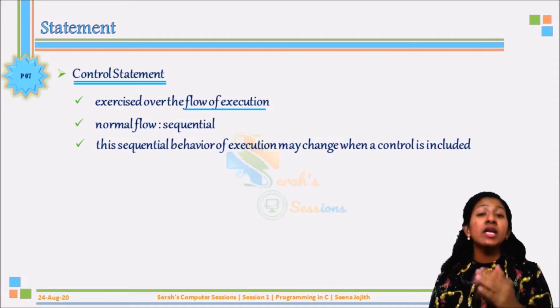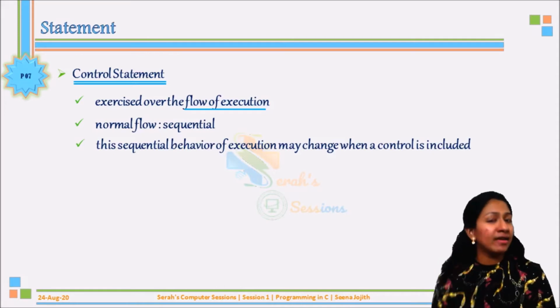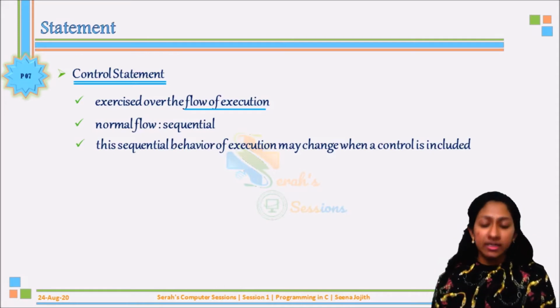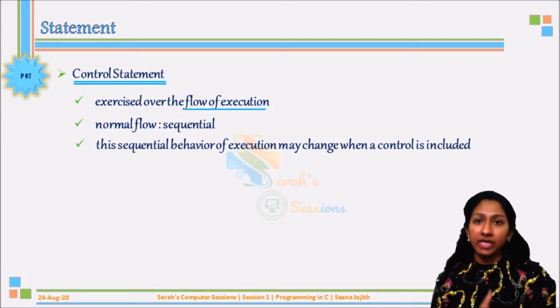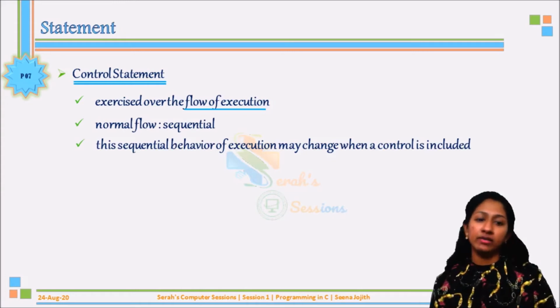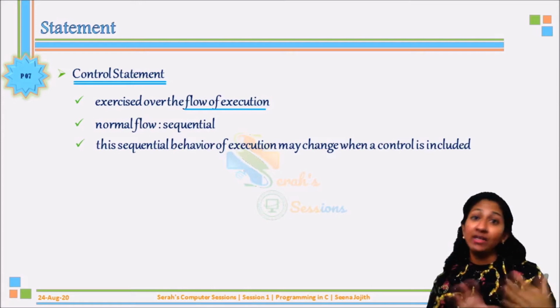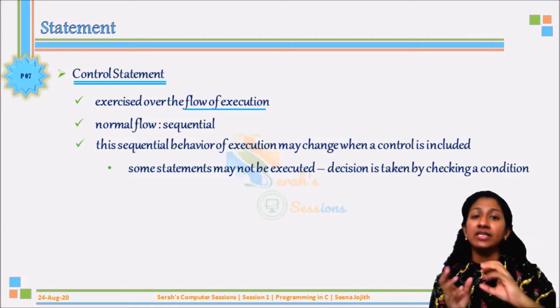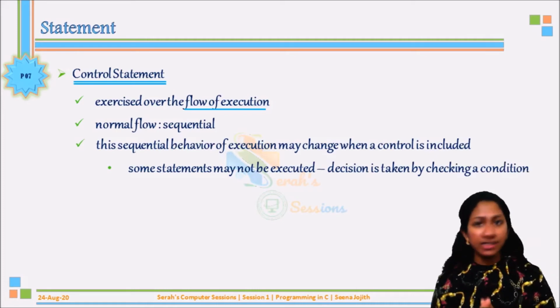We'll see it in detail when we study control statements in detail. Don't get confused now. Just understand that the sequential behavior of execution may change when a control is included. It's a may change. There is a situation of may change, may not change. It all depends upon the decision taken by checking a condition.